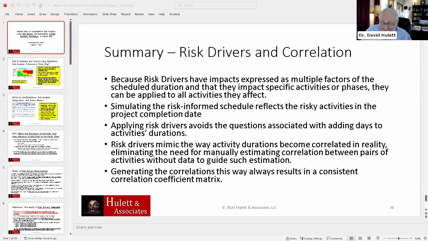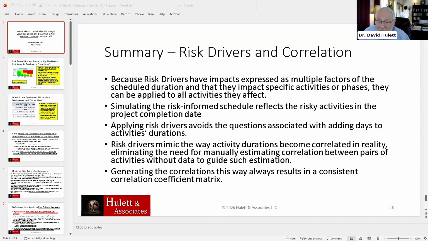It'll always be positive semi-definite, if that's the correct term. They will never have negative determinants, if that's the correct term for eigenvalues. Because you're generating correlation the way correlation is generated in real life, namely something that is variable is affecting two different things. It is variable, and it affects their duration.